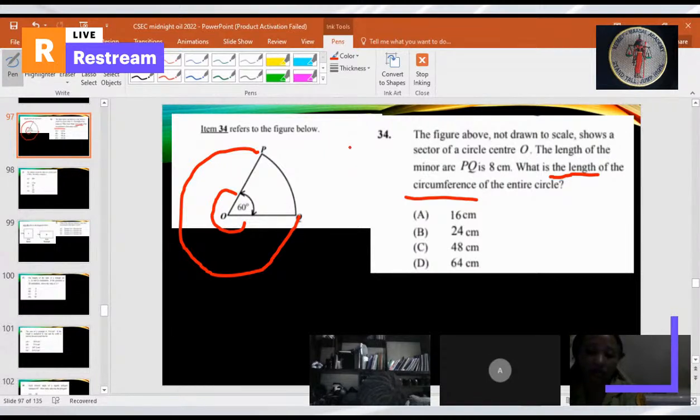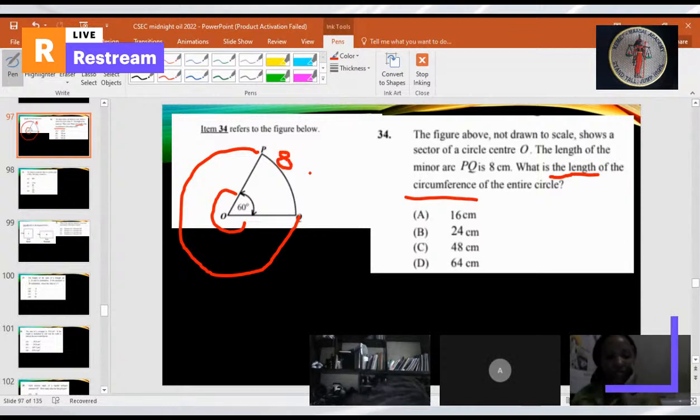So it's 360 divided by 60 degrees, and then that multiplied by 8 centimeters. So the length of the arc is 8 centimeters, sorry.